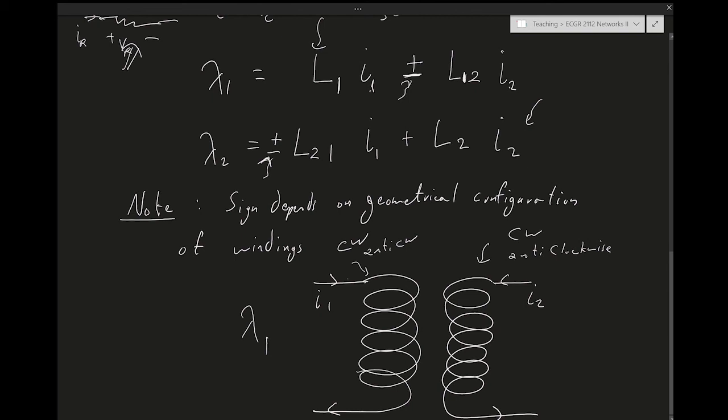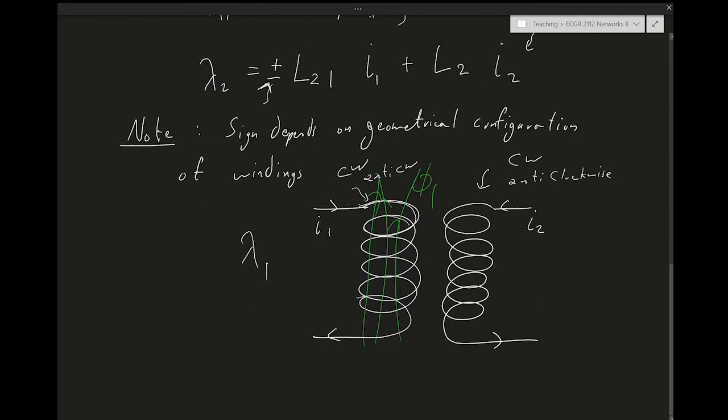So let's say the configuration of the windings is such that the flux due to I1 is like this. The magnetic field is in this direction. So this is flux 1, right? And this flux goes into the second coil, right?